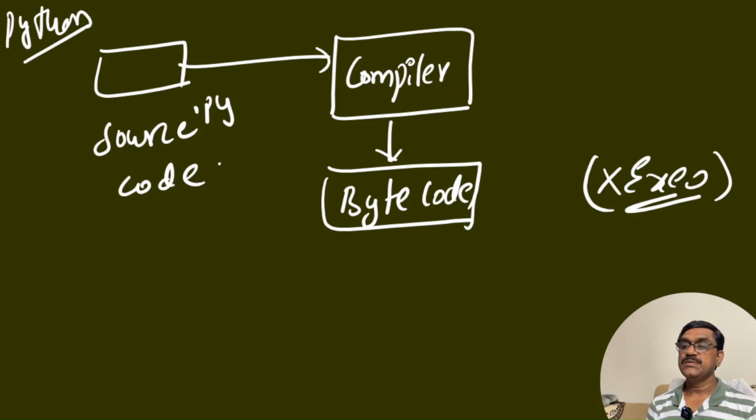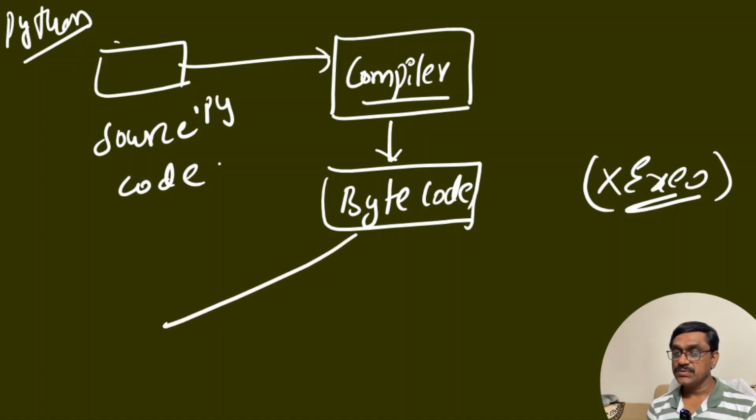Similar to compiled programming languages, we use the compiler to convert the source code into bytecode. The source code is not distributed to other machines. First, we convert it into bytecode.